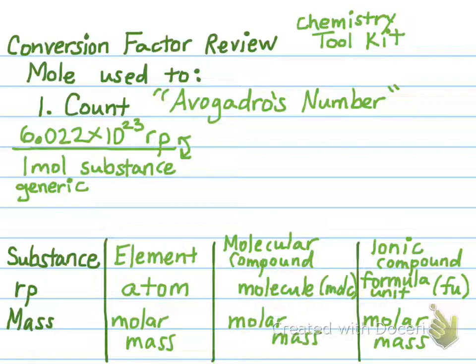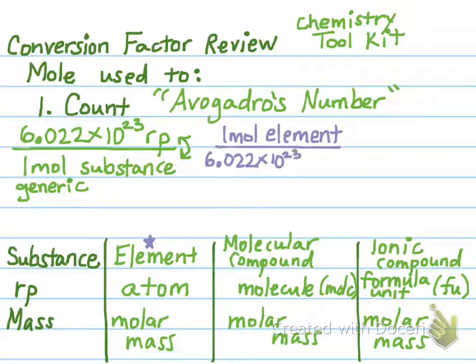So many of you didn't have just one on here. You had 3 tools on here. You had a tool that related to the element. So you had 1 mole of element is 6.022 times 10 to the 23rd atoms. Okay, and again, I can flip this depending upon where I need it to be.